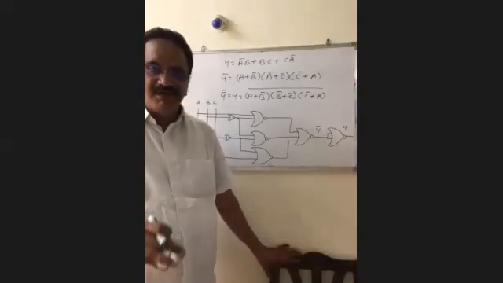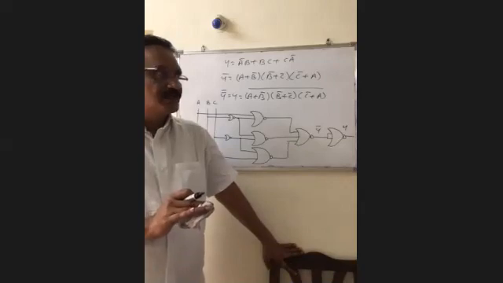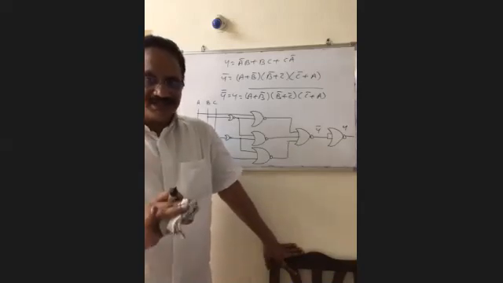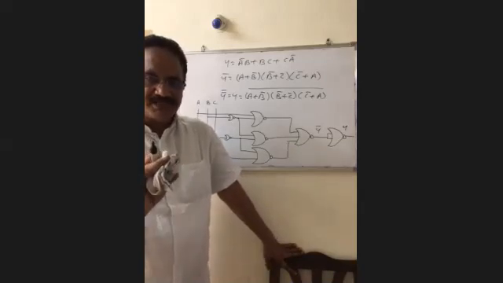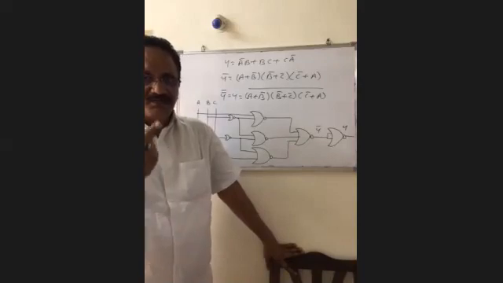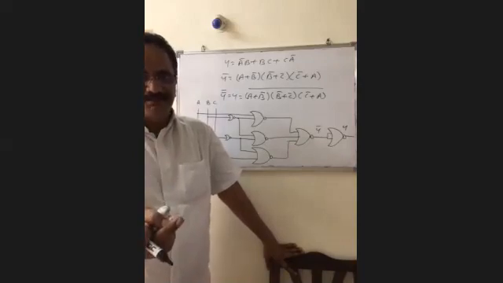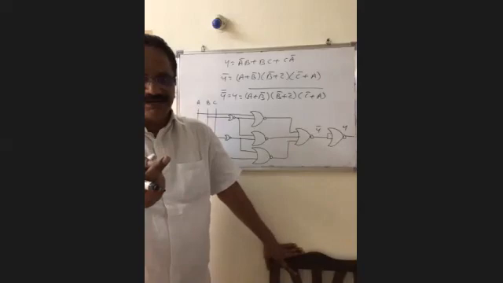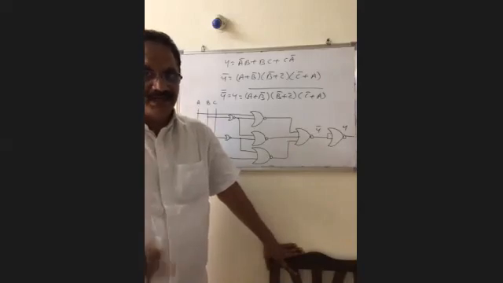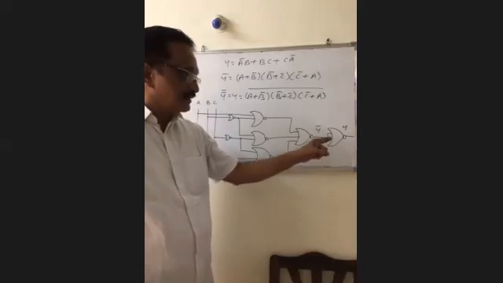To realize the given SOP expression by using only NOR gates, first level gates are NOR gates, second level gates are NOR gates, and connect a single input NOR gate in the third level.